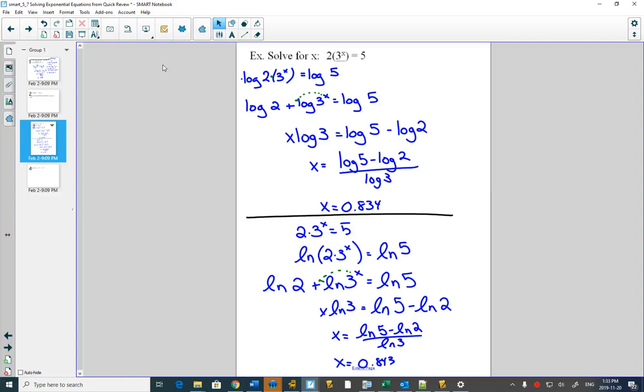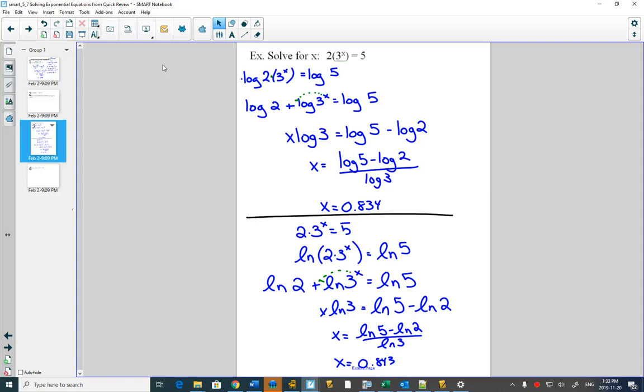Because look, here you have to write 3 letters, and here you just have to write 2 letters. So in this question, using natural logs, I saved 1, 2, 3, 4, 5, 6, 7, 8, 9, 10, 11 letters. That solution is 11 letters shorter.